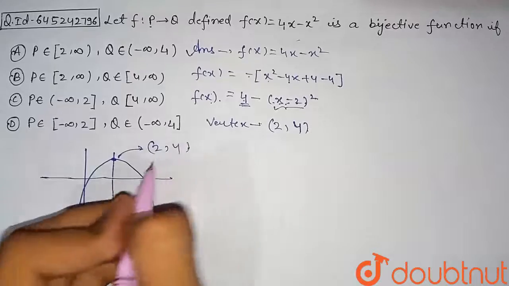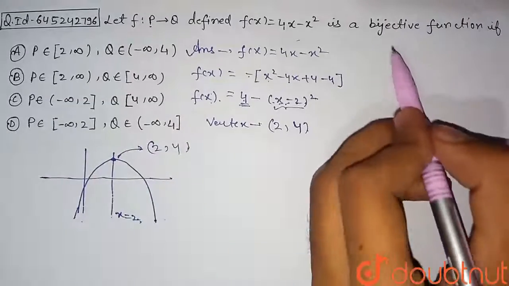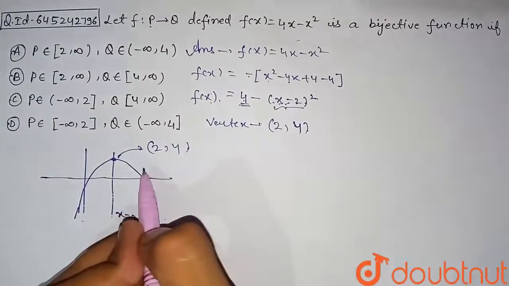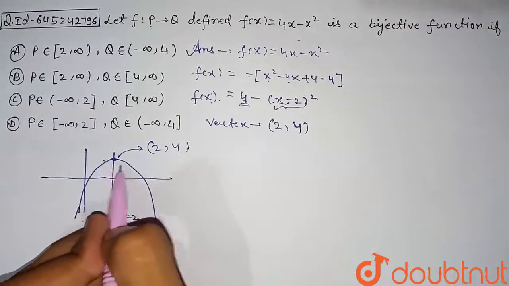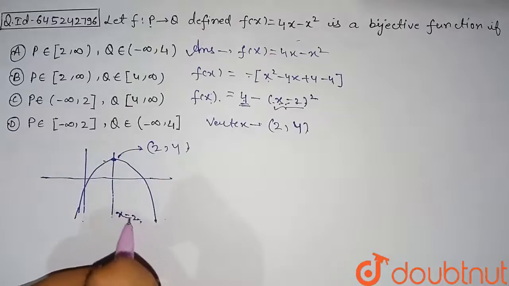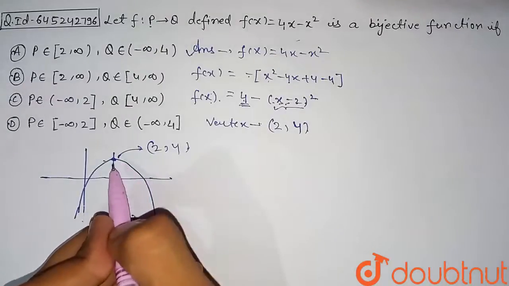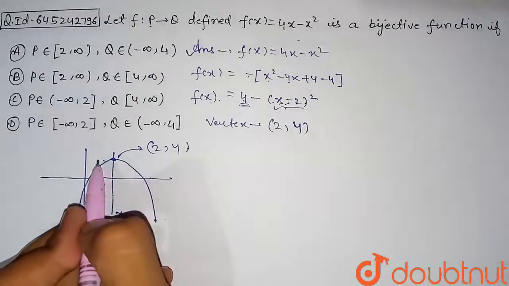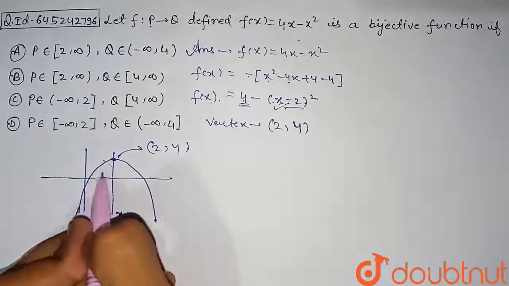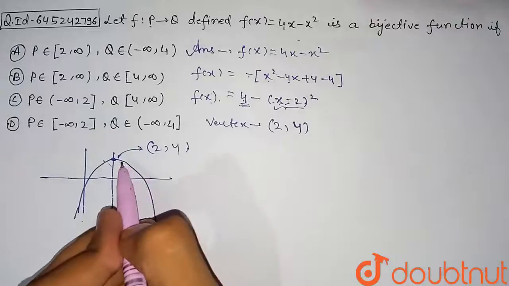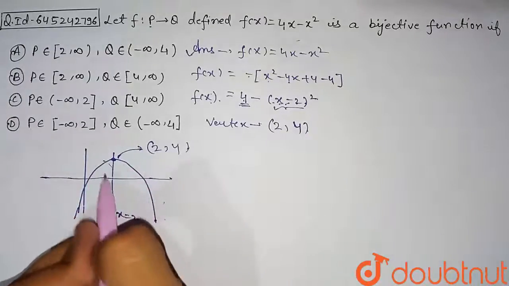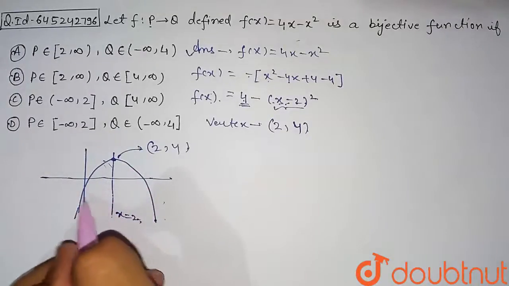We have to discuss the bijective nature of this function, that is, where this function behaves as bijective. If we see either side of the line x equal to 2, then this function is basically bijective. If we ignore one side of the graph, then the other side will act as a bijective function.